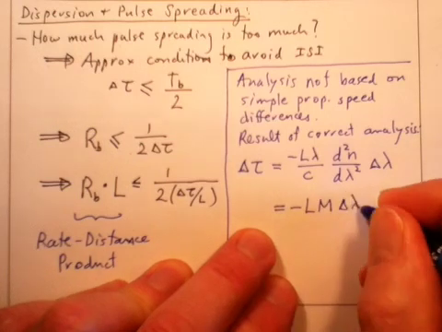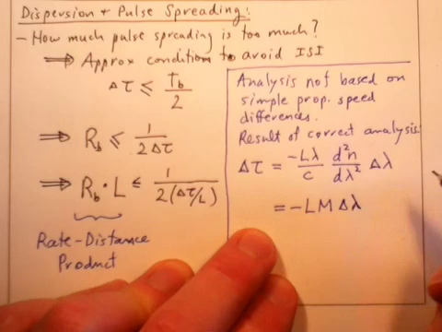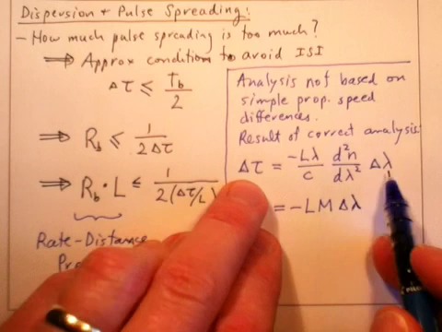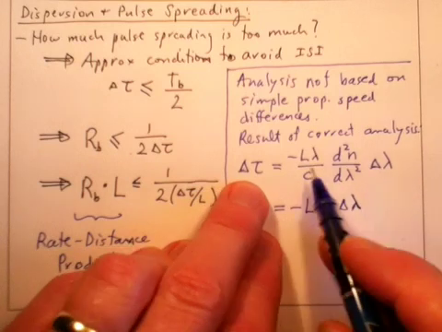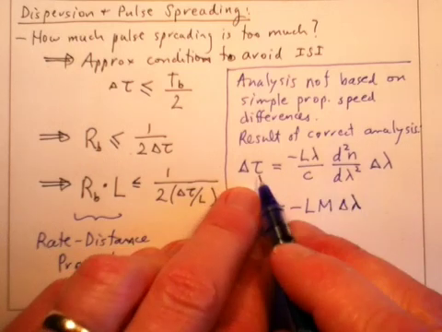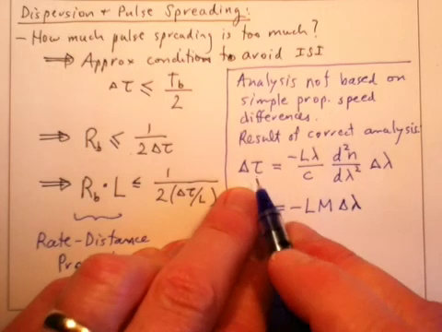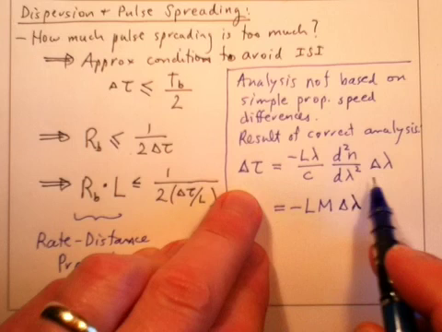The minus sign means that longer wavelengths, let's see, I guess effectively travel slower through the medium. I may have that upside down, I'm not sure.